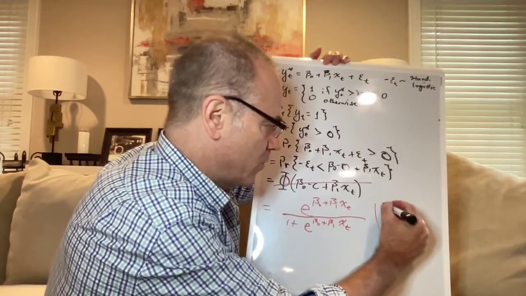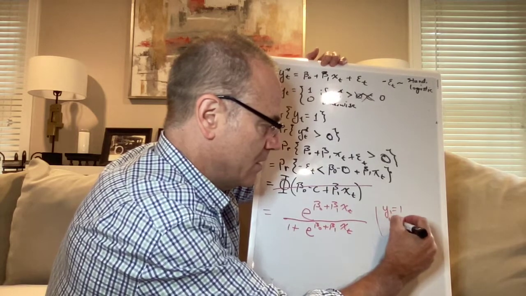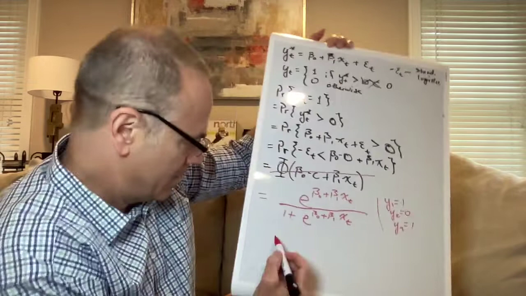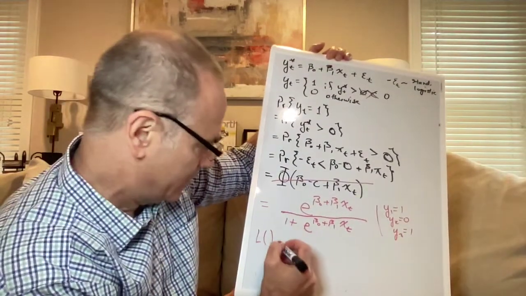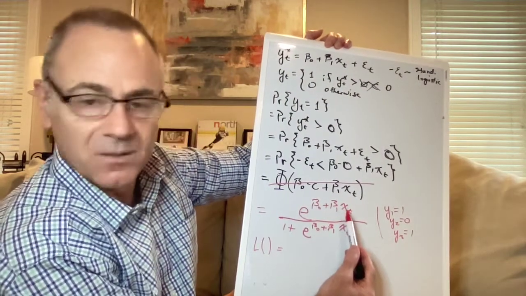And remember, our dependent variables: y1 equals 1, y2 equals 0, y3 equals 1. Our L for the logistic is just going to equal this term, where instead of xt, we substitute x1.